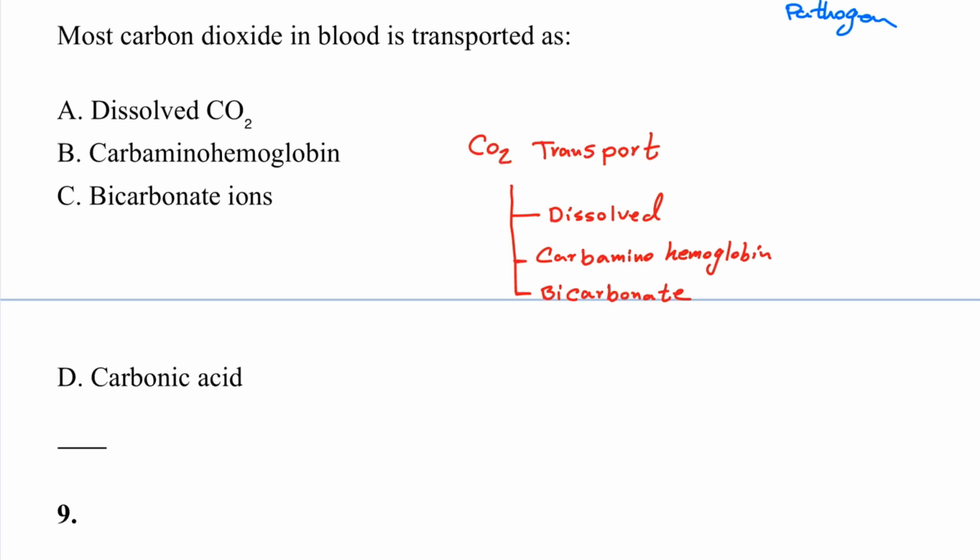Some carbon dioxide binds to hemoglobin, but the majority is converted into bicarbonate ions inside red blood cells.